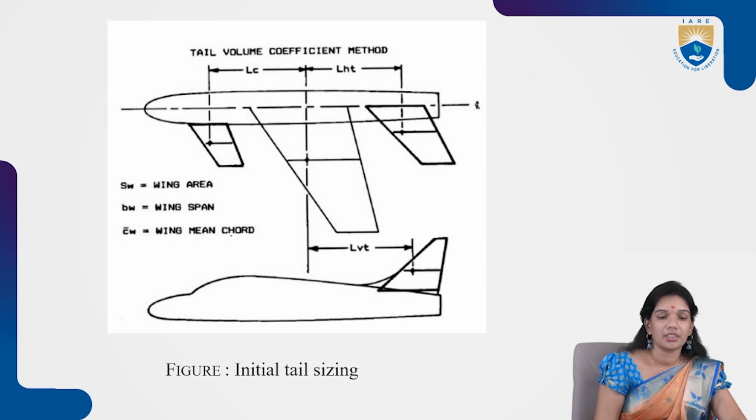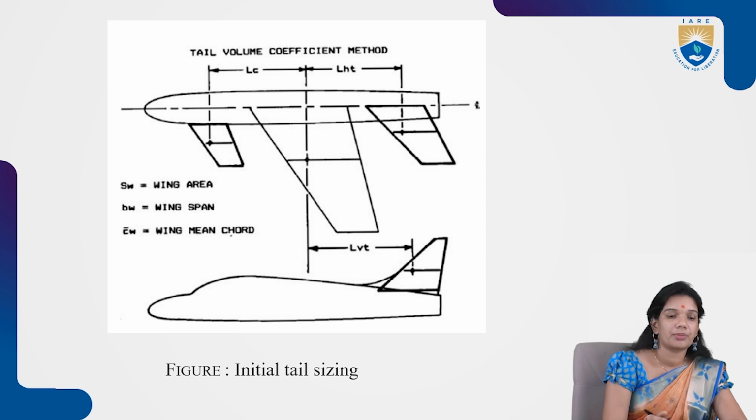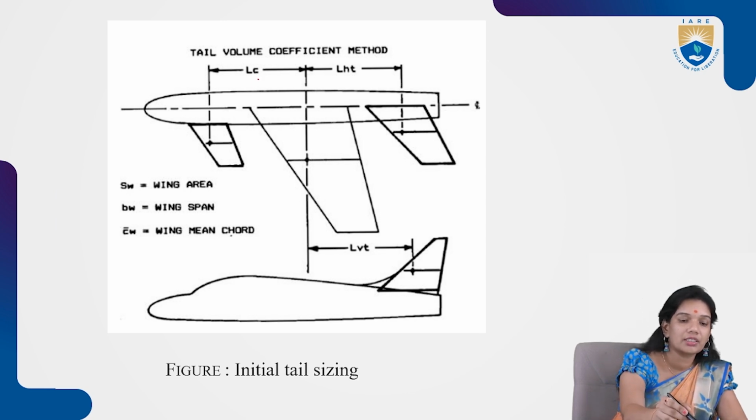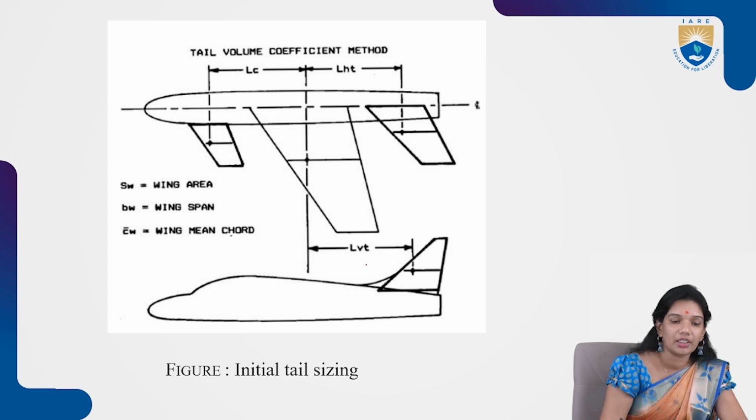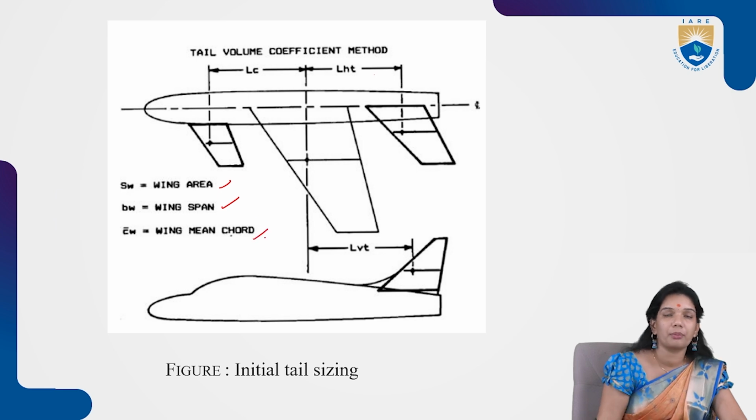So for initial sizing, this is how I estimate the tail volume coefficient with respect to all of these. So this is your LC, then LHT, LVT, vertical tail, horizontal tail, with respect to the chord. SW is the wing area, BW is the wingspan, and CW is the wing mean chord.